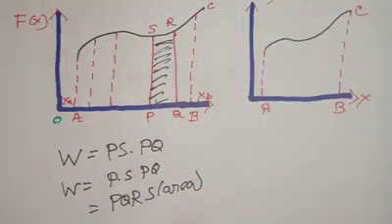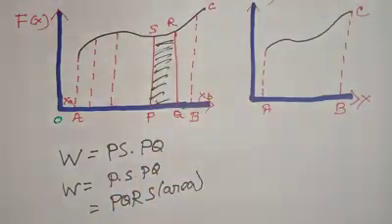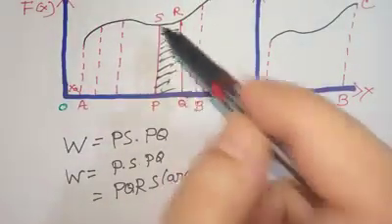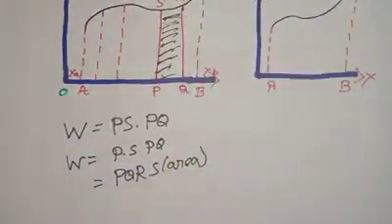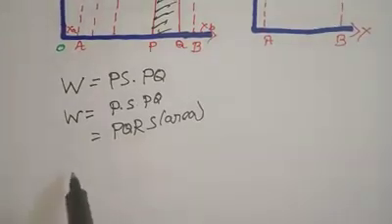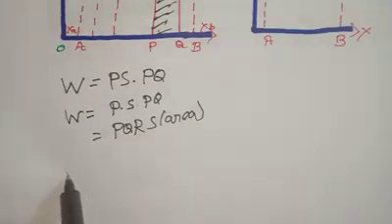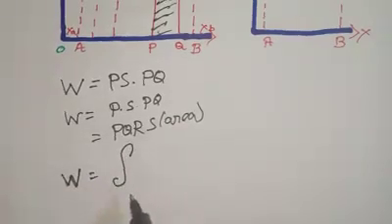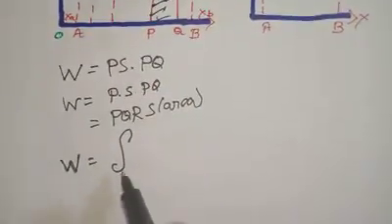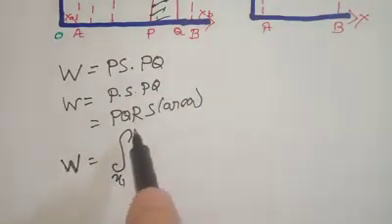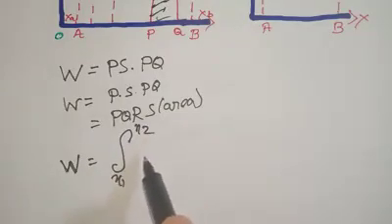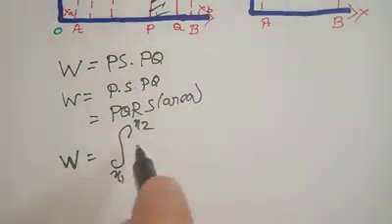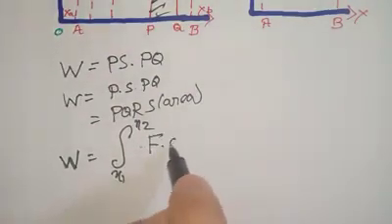Now, to calculate work done from a variable force, because this is varying, we obviously have to use calculus and we need to integrate, because we need to find the sum of this particular part. Very simple. We can write W, the work done we are calculating, as the integration from, say, x1 at the bottom to x2 at the top, of the function of x, so we write f dx.